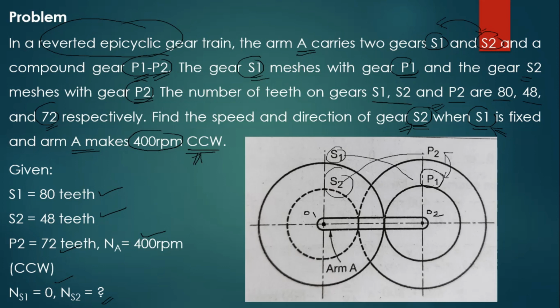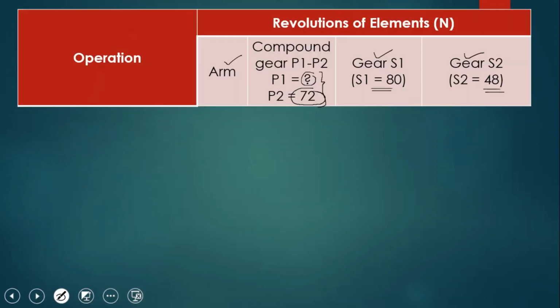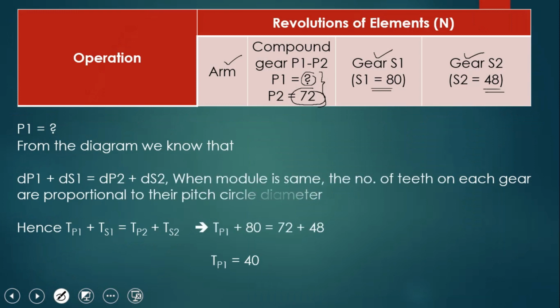The center distance between these gears is the same. So the diameters of S2 and P2 equal those of S1 and P1. Clear? Here, diameter of P1 plus S1, because P1 S1 is meshed externally and P2 S2 is meshed externally. So diameter of P1 plus diameter of S1 is equal to diameter of P2 plus diameter of S2.